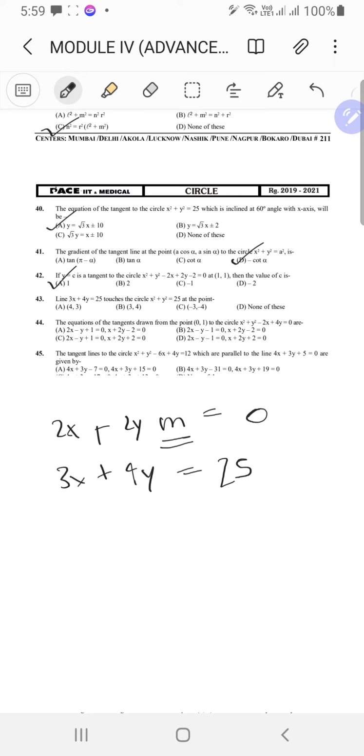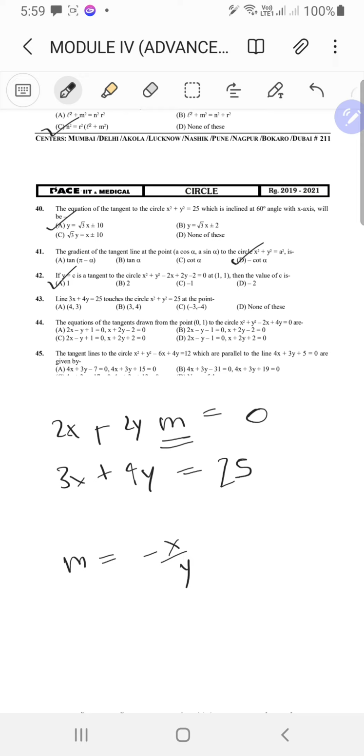So that means m is minus x upon minus y, which is just x. Okay, wait a second, minus x upon y, not minus y, so minus x upon y, that is the slope.